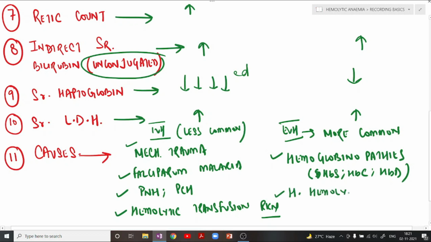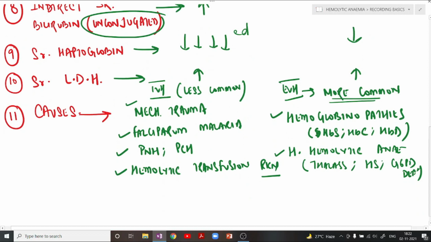Very important is thalassemia. Or you might have hereditary spherocytosis, or G6PD deficiency. As I told you, this is far more common. So in the exam, it is more likely that you will get an EVH question than an IVH. For example, autoimmune hemolytic anemia. These are all causes of extravascular hemolysis.